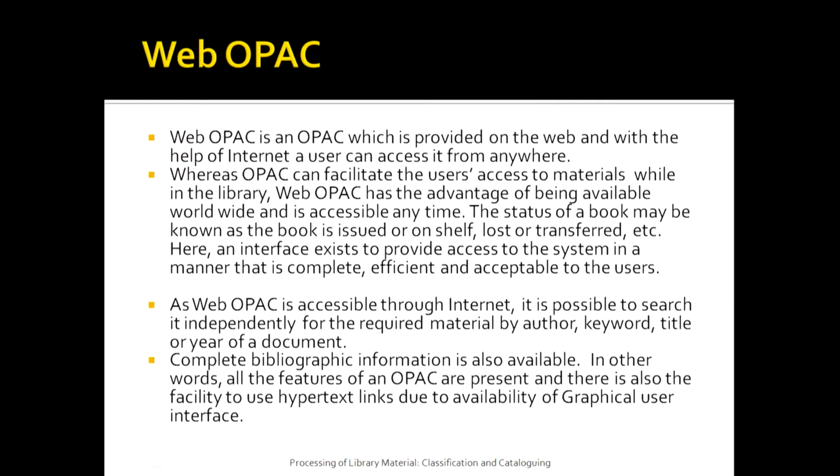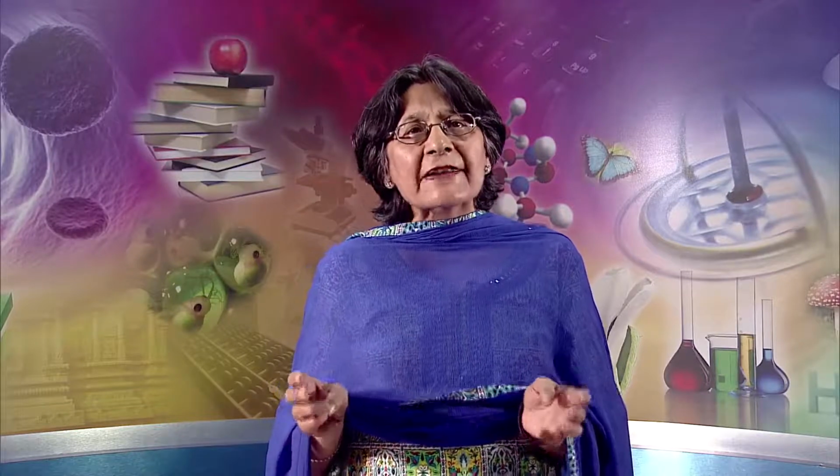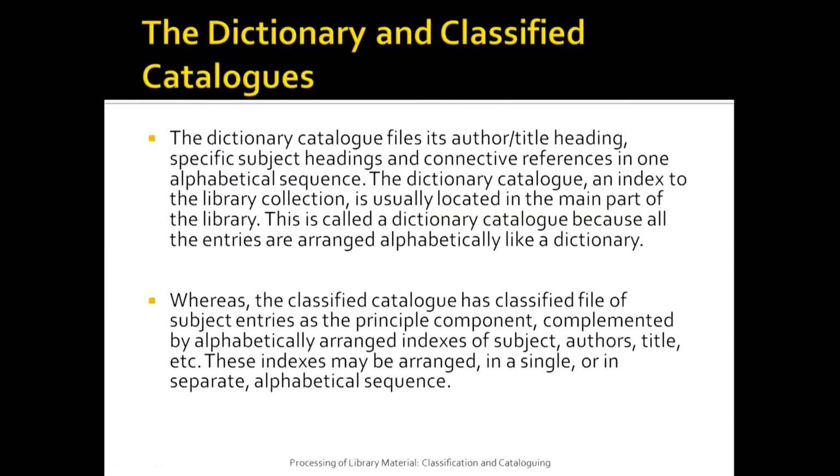Then complete bibliographic information is also made available in the Web OPAC. The library catalogs can be dictionary catalogs or classified catalogs. So, dictionary catalog is one where everything is in a one alphabetical sequence. The classified catalog is basically a classified list which has two parts, a classified part and the alphabetical part.